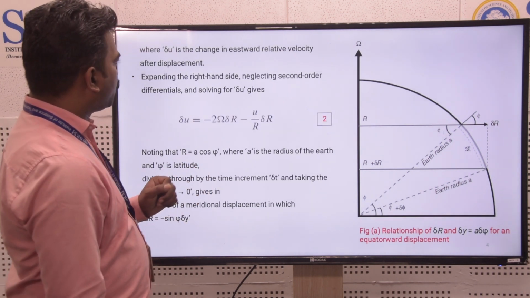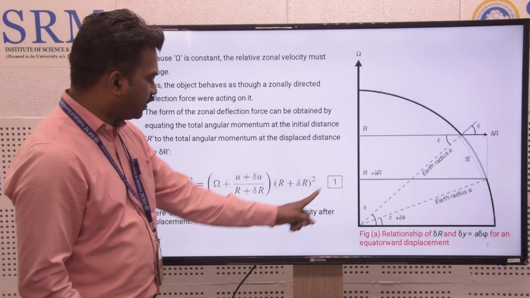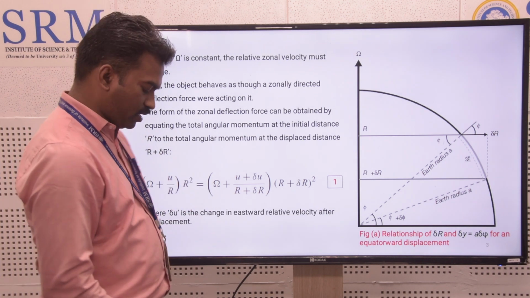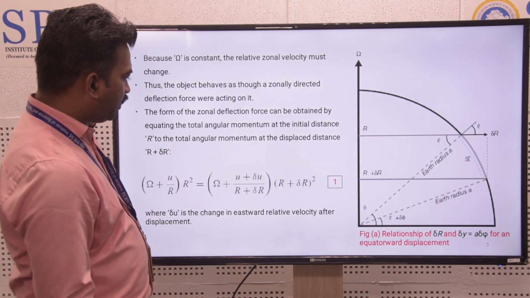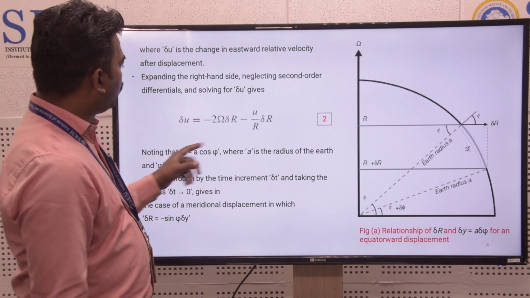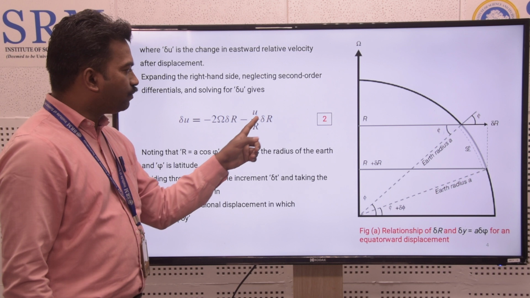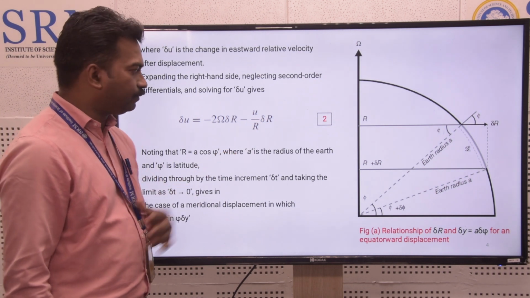Now after solving the right hand side expression of equation 1 and neglecting the second order differentials, you obtain delta u as minus 2 omega delta r minus u by r delta r.